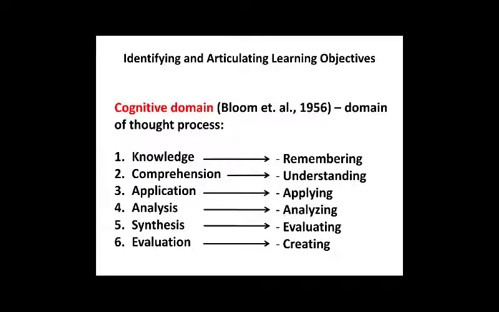The process is remembering; the product is knowledge. When we remember something, that results in knowledge. If we understand something, that results in comprehension. So that's the shift, from product to process, from noun to verb.